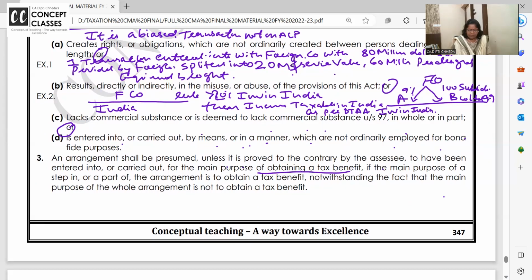Notwithstanding the fact that main purpose of the whole arrangement is not to obtain a tax benefit. So an arrangement shall be presumed unless it is proved contrary to have been entered into and carried out for the main purpose of tax benefit. If the main purpose or part of arrangement is to obtain tax benefit, notwithstanding the fact that main purpose of whole arrangement is not to obtain the tax benefit.